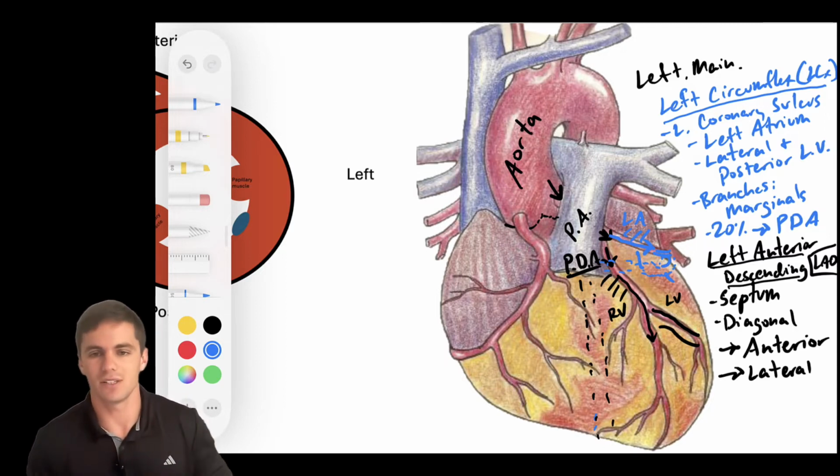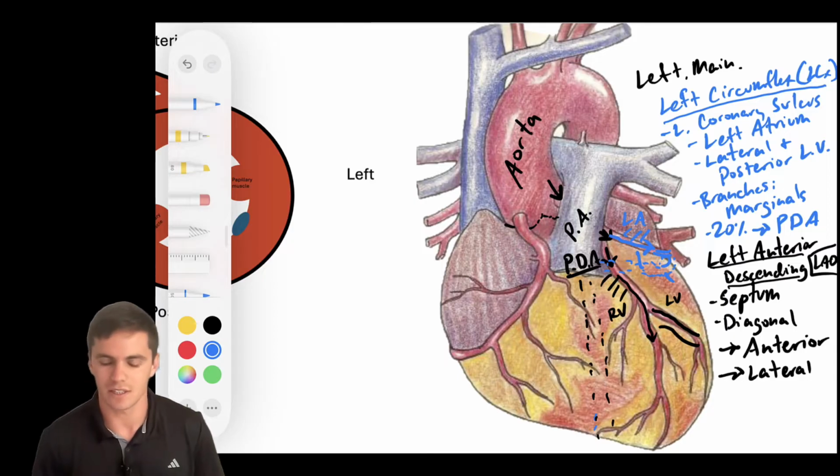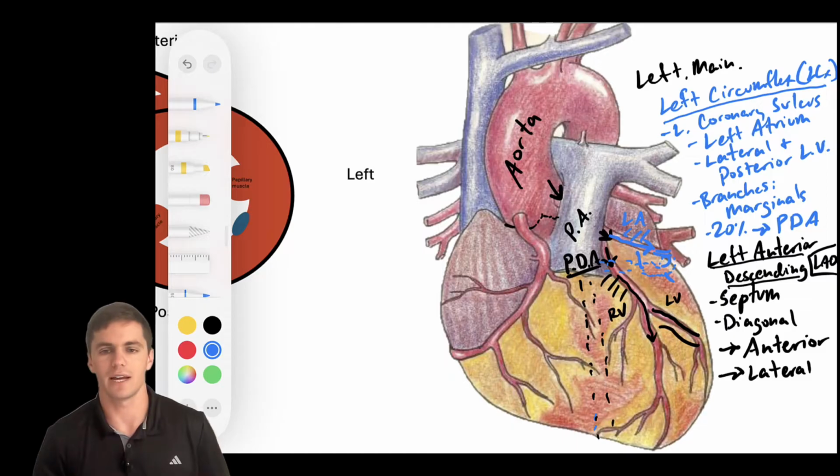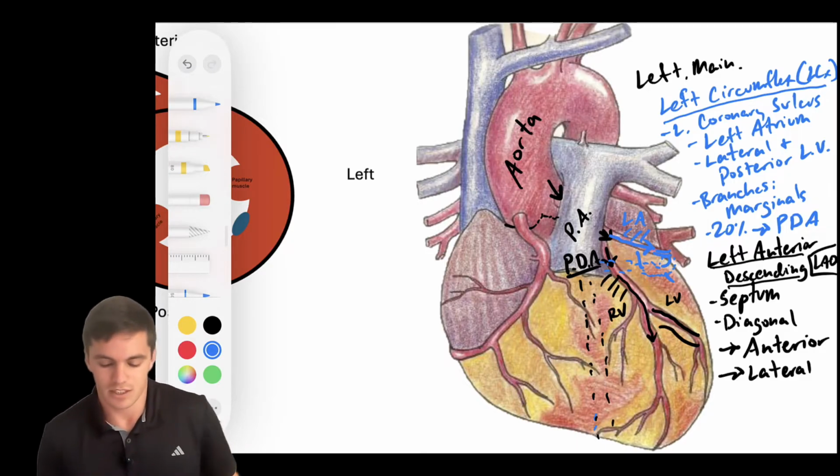So if you ever hear that, it's because the left circumflex wraps around the ventricular myocardium and has a really strong connection to the posterior descending, and supplies that vessel. This is going to matter on our EKGs, obviously. If we have left circumflex occlusion, we can determine if there is posterior involvement or not, and if this patient is maybe posterior dominant or left dominant. So that's the left circumflex.